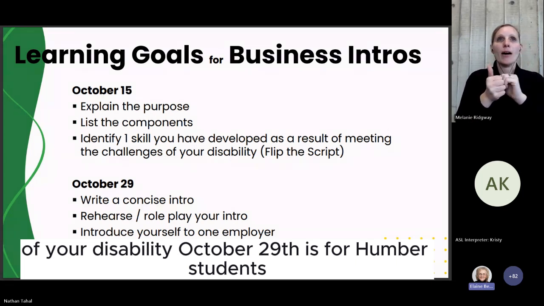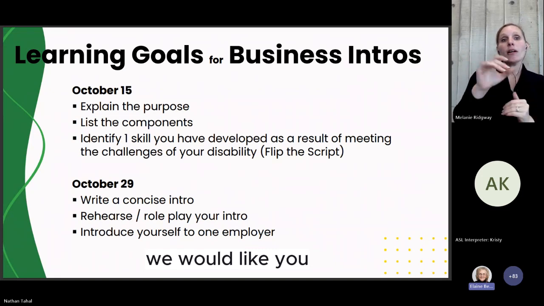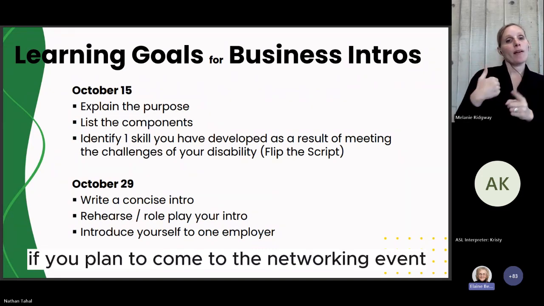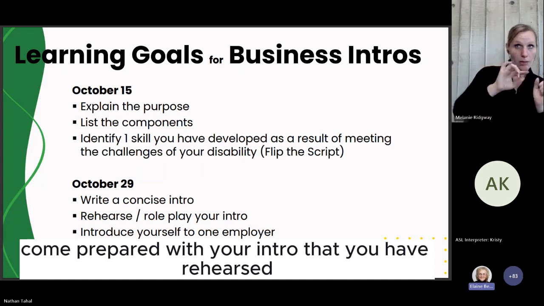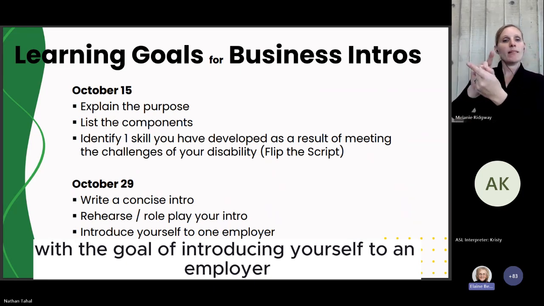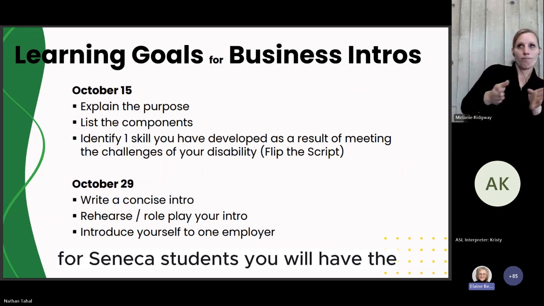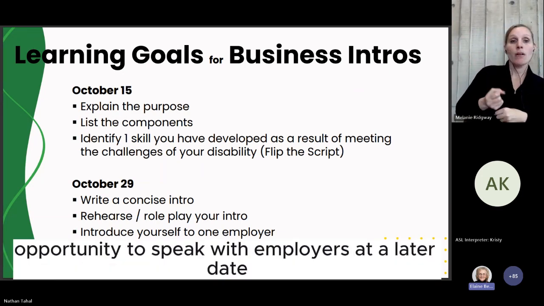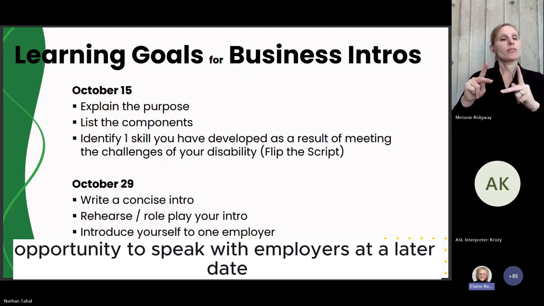October 29th is for Humber students. We would like you, if you plan to come to the networking event, to come prepared with your intro that you have rehearsed with the goal of introducing yourself to an employer. For Seneca students, you will have the opportunity to speak with employers at a later date.